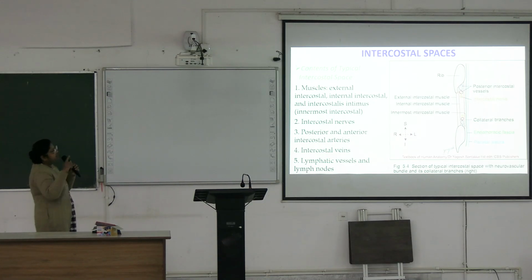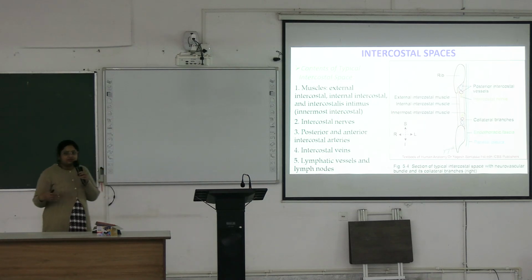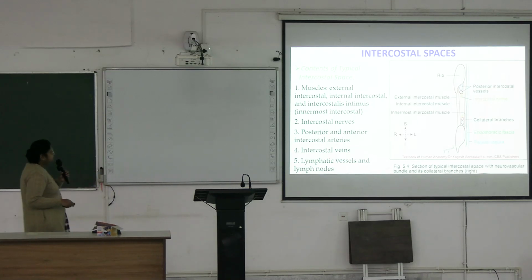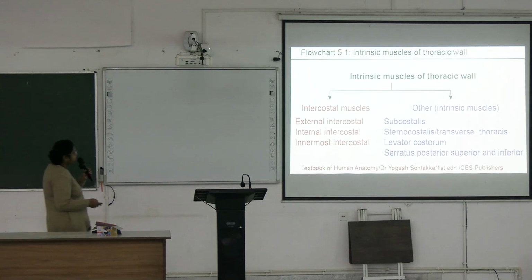Intercostal veins, and structures lying at the costal groove. This depression is known as costal groove. Here the structures vein, artery and nerve lie from above downward. You remember the mnemonic VAN, from above downward. Vein, artery and nerve. And we will see this in the dissection also in this following manner. Then lymphatic vessels and some lymph nodes are also present.